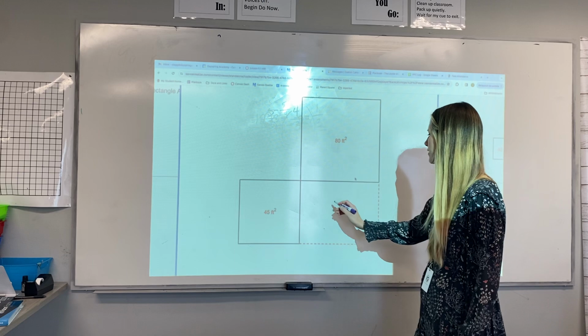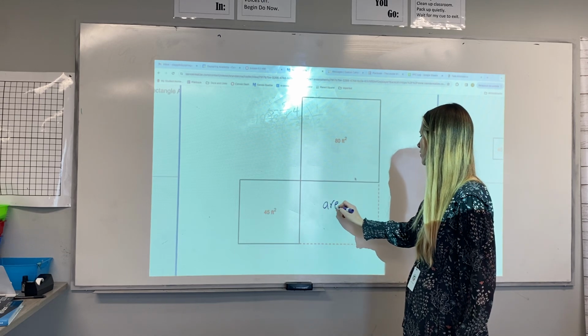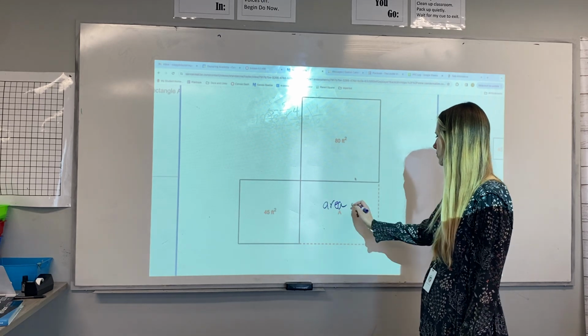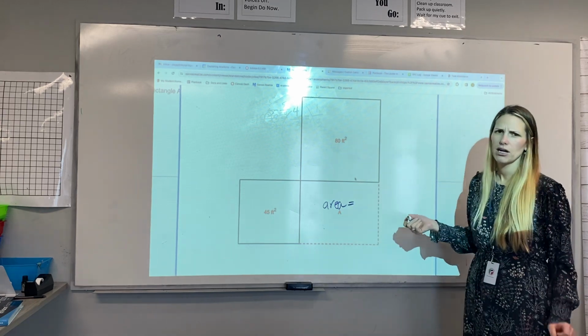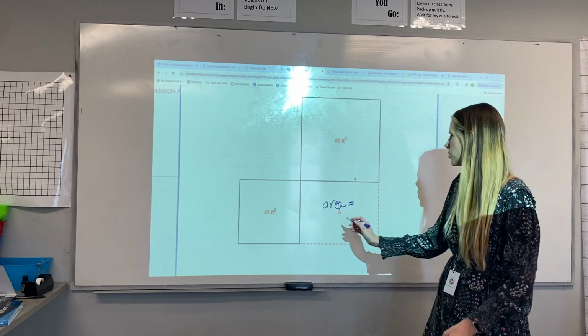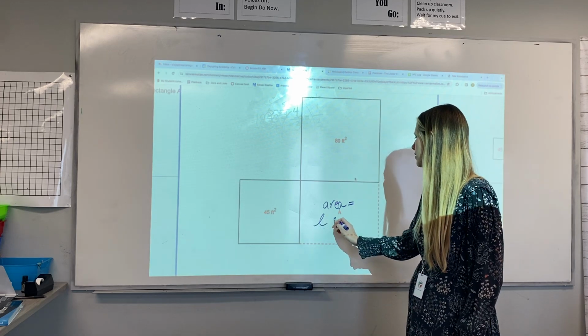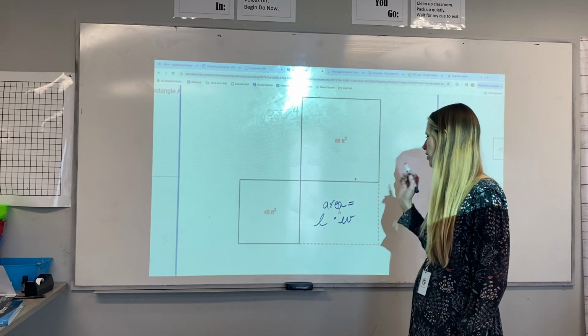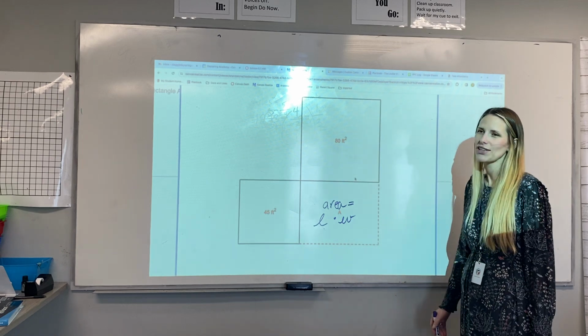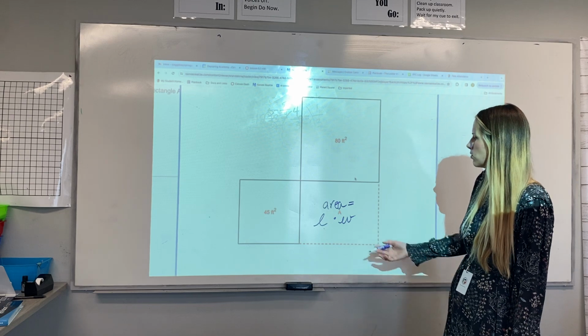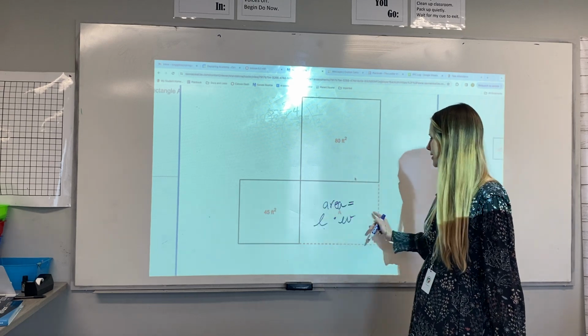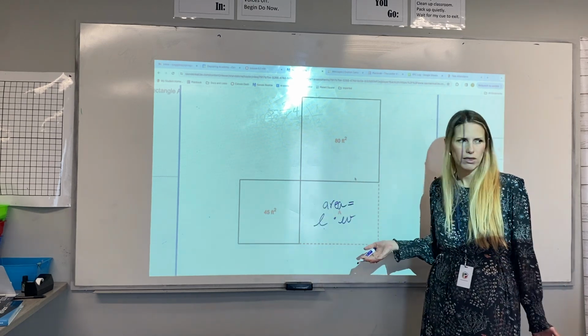It says that A is a rectangle. We want to find the area. Now, how do you find the area of any rectangle? Good. Length times width. Now, does it tell you the length and the width?